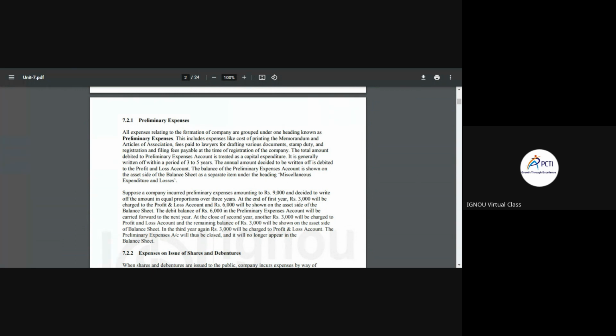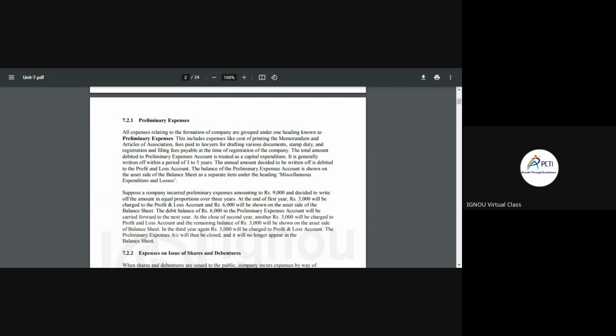For example, a company has incurred preliminary expenses amounting to rupees 9,000, and it is decided to write off the amount in equal proportion over 3 years. That means at the end of the first year 3,000 will be charged to the P&L account, and the rest, 9,000 minus 3,000, leaves 6,000.